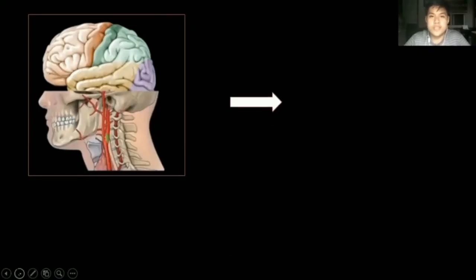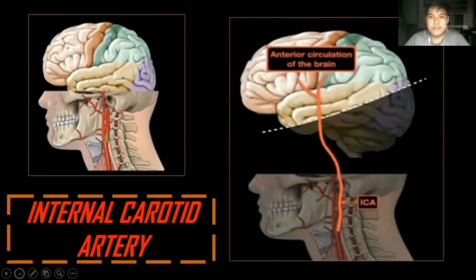So in this picture, the internal carotid artery. Take a look at this dashed line that goes up to the temporal lobe on top of the occipital lobe. This is the internal carotid artery supply.